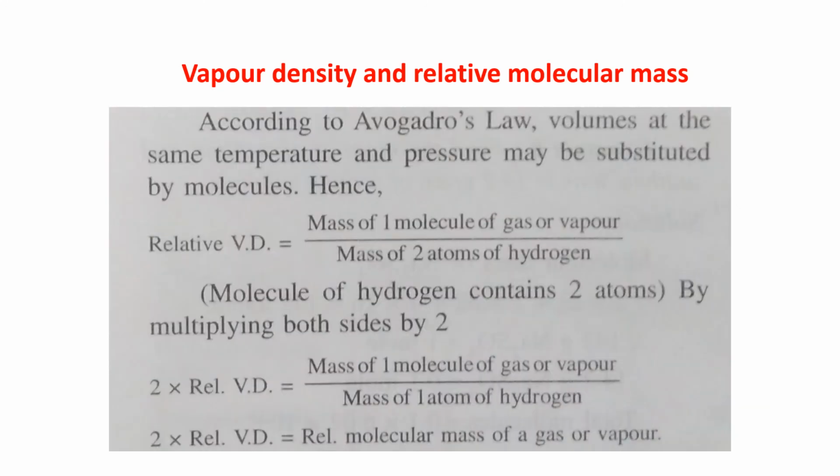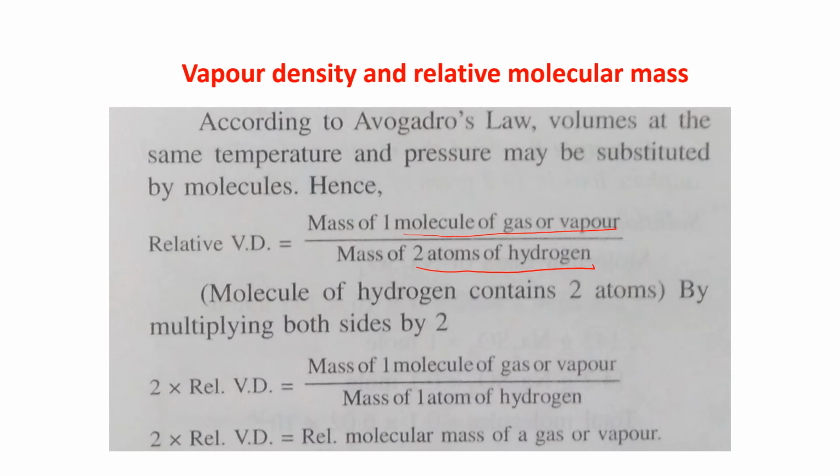Now, according to Avogadro's law, volume at same temperature and pressure may be substituted by molecules. Hence, we can say that relative density is equal to mass of one molecule of gas or vapor divided by mass of one molecule of hydrogen. Now, a molecule of hydrogen contains 2 atoms.